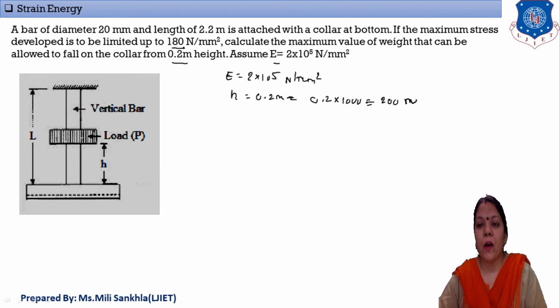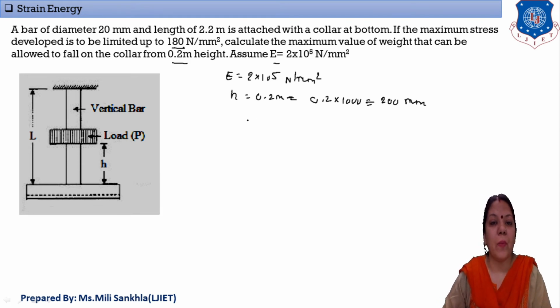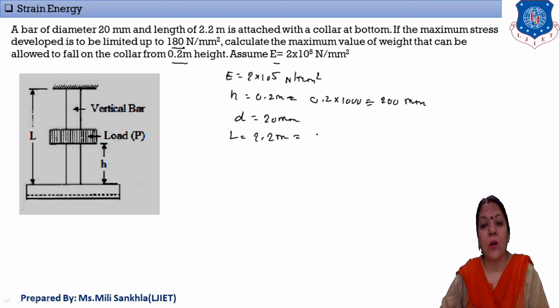Clear? Now the second value given is diameter D, 20 mm. Length L is given 2.2 meter, that means 2200 mm.